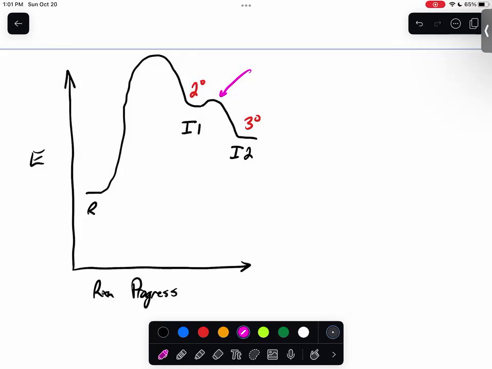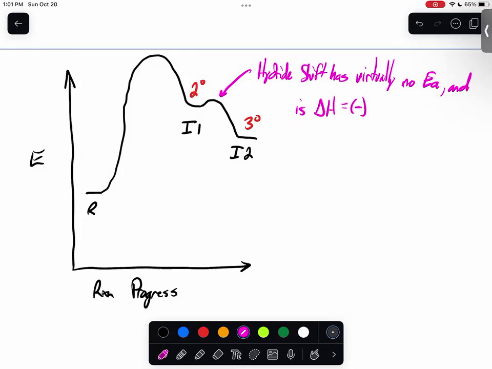So the hydride shift has virtually no activation energy because it's within the same molecule that everything is occurring, right? And it's delta H minus, right? So it's favored.